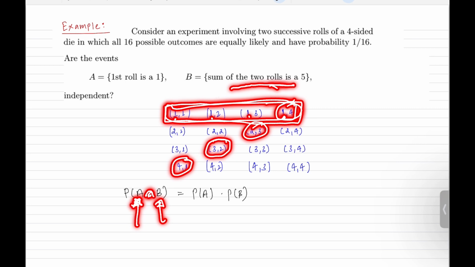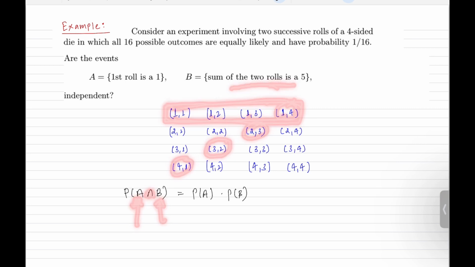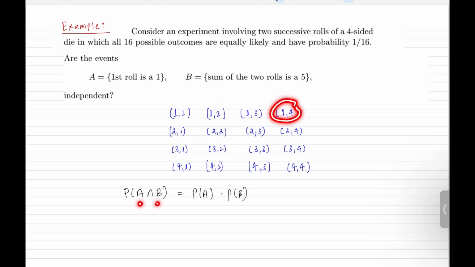But we need the occurrence of events A and B together, so this is the only element that will favor A and B together. So what's the probability that we will get 1 comma 4? On the first roll we will have 1 and on the second roll we will have 4. So the probability of A and B will be 1 divided by 16, right?